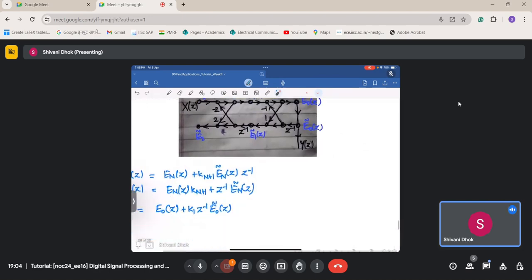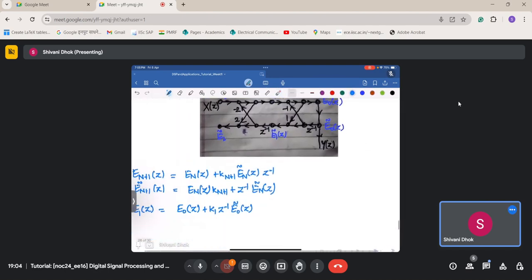So this is standard lattice structure. So this thing will come out to be equal to y of z plus K1, which is 1, z inverse into y of z. So this thing is equal to y of z into 1 plus z inverse.